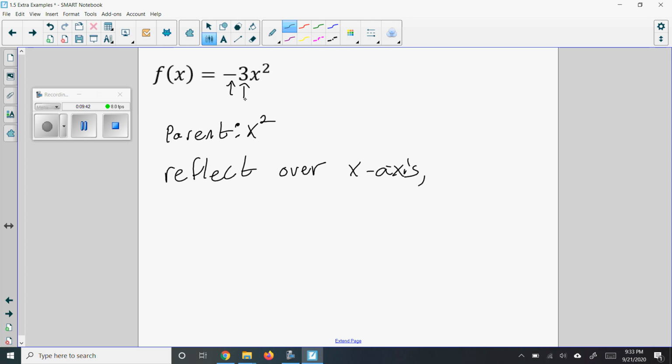This 3 again is on the outside, so it's going to affect the y values. And if it affects the y values, that means it's a vertical stretch of 3.